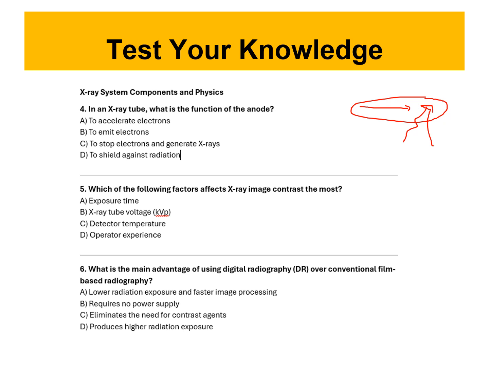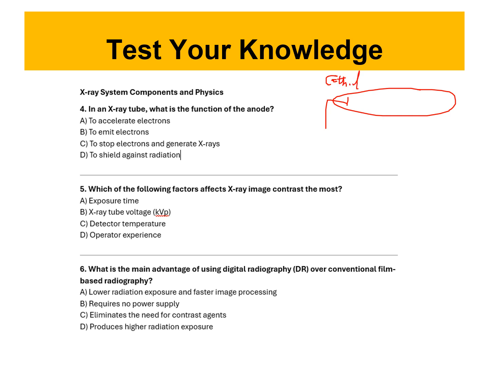Let's say we have this tube, right? This is the cathode, and that's the anode here. The function of the anode is that electrons go there, stopping the electrons, and then generating X-ray.